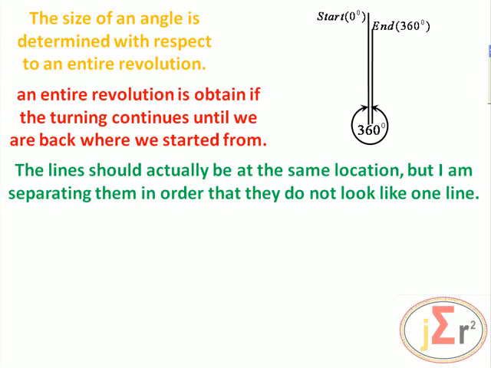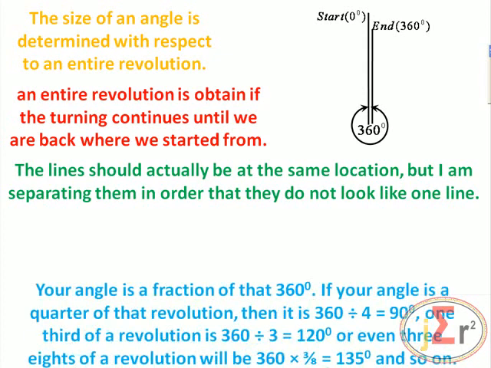The line should actually be at the same location, but I am separating them in order that they do not look like one single line. If we did that, it will not look like a revolution. It will just look like a stick that is standing right there, and we are putting a curved line around one of the tips. But by so doing, we are just demonstrating that a second line should really be present.